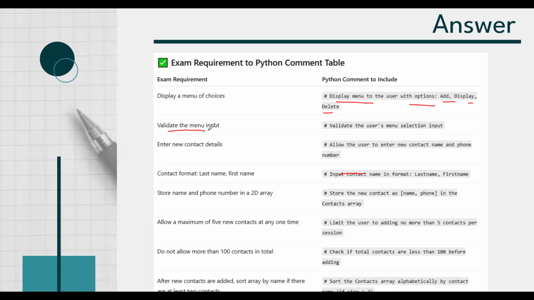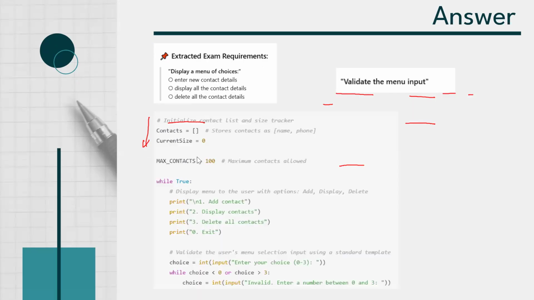Validates the menu input. So at the validation code, you will write validate the user menu selection input, and so on. This is how you are able to derive comments from the exam text to put in the code. So if you don't know what comments you need to write, just take them from the exam requirement itself.